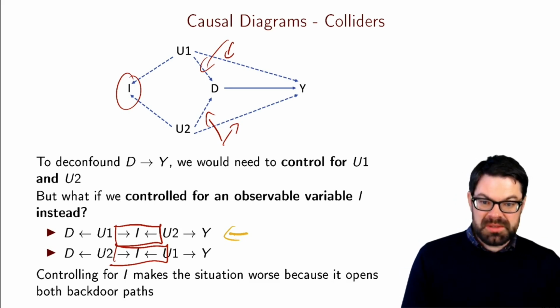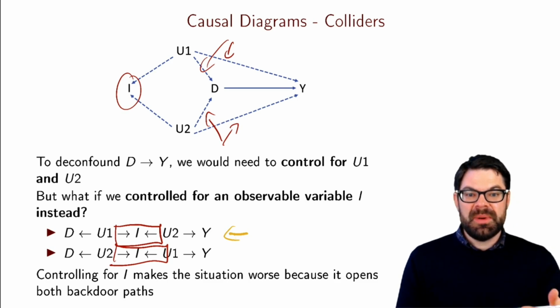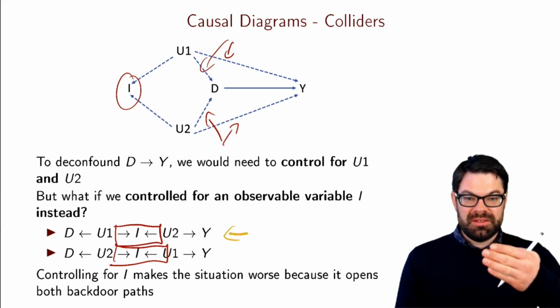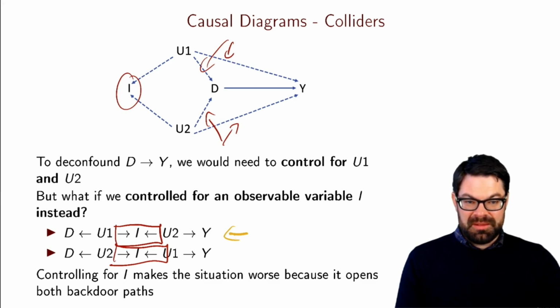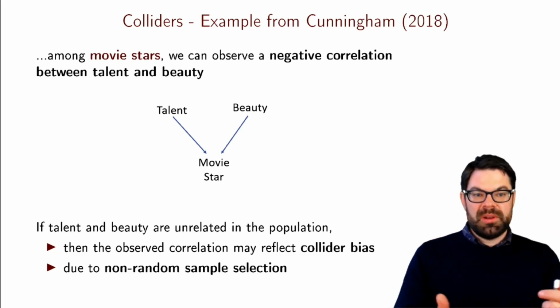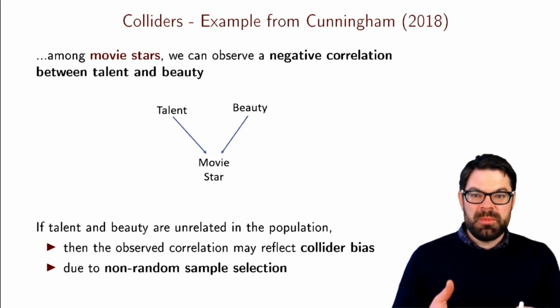And what's worse is it introduces this bias because it actually opens up additional paths through which the path from treatment to the outcome can be confounded. Now this may all sound super abstract to you, and I can't blame you for that.